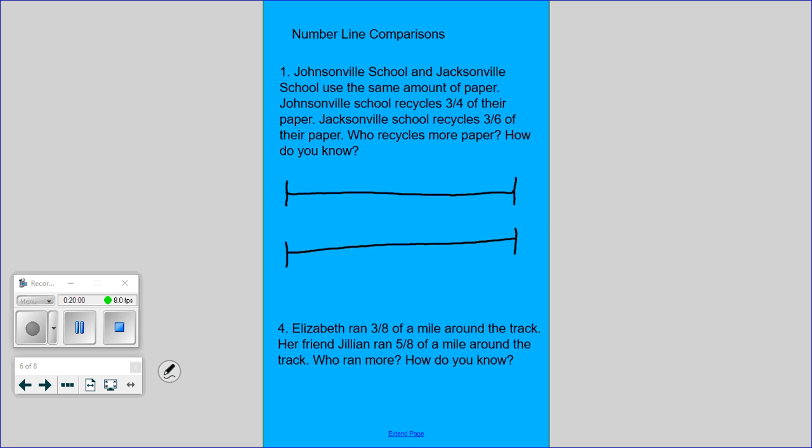What are my endpoints for my number lines? Both of them? Yep.